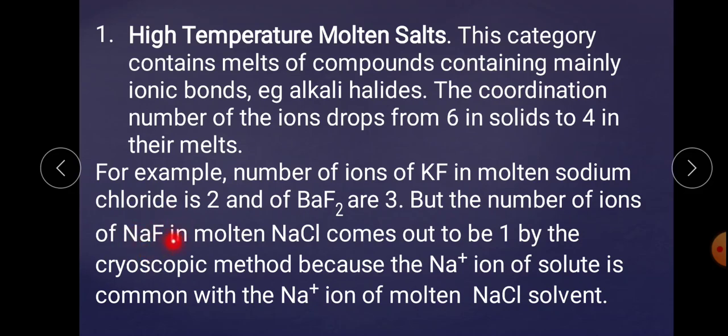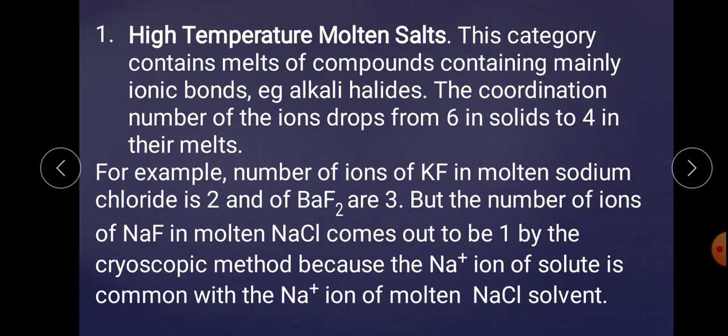NaF generates Na positive and F negative, NaCl generates Na positive and Cl negative. So the number of ions of NaF counted by the cryoscopic method is only 1, because Na positive of this NaF is common with this molten NaCl. Hence, the count of ions for NaF in molten NaCl is 1.